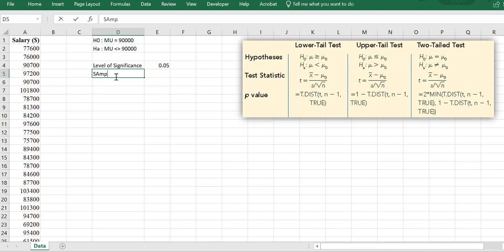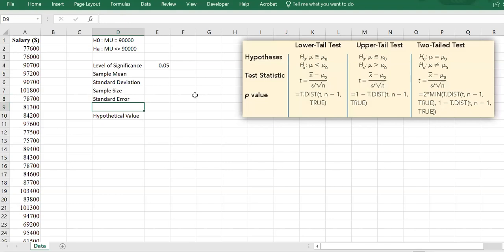So sample mean x bar, sample standard deviation S, hypothetical value mu 0, sample size, and then standard error.